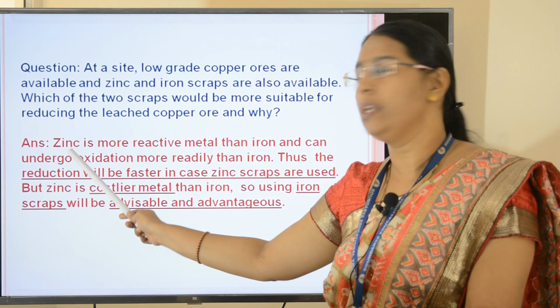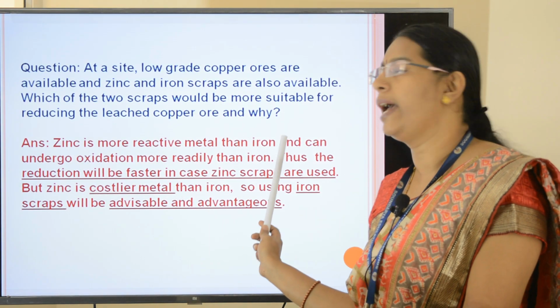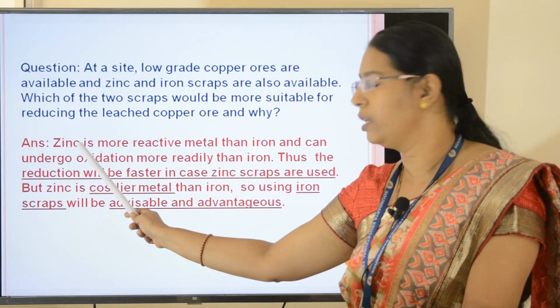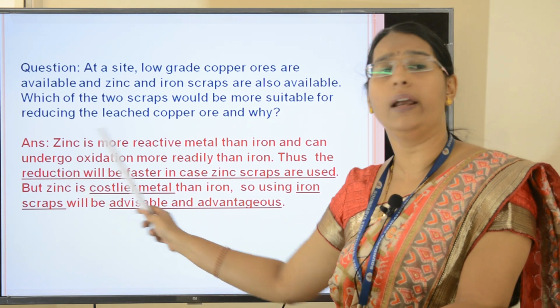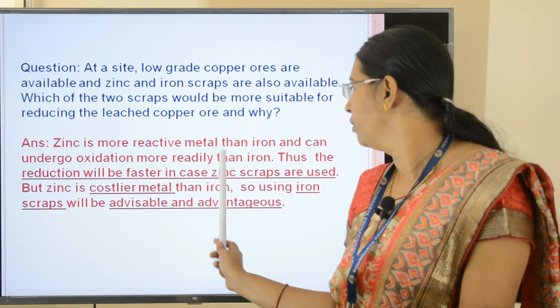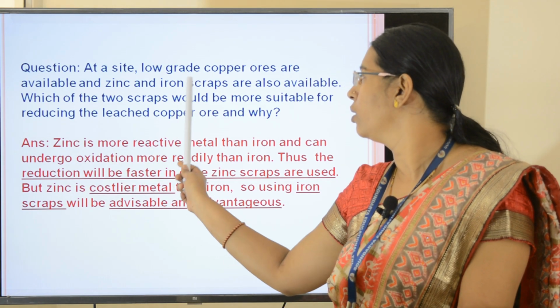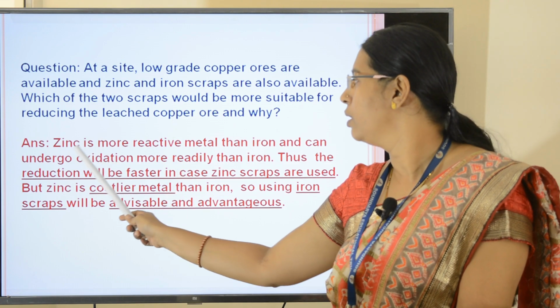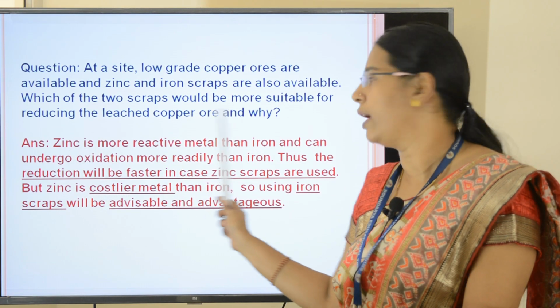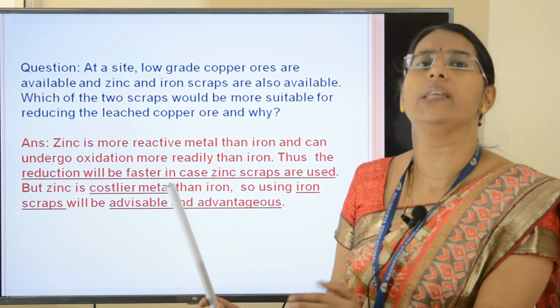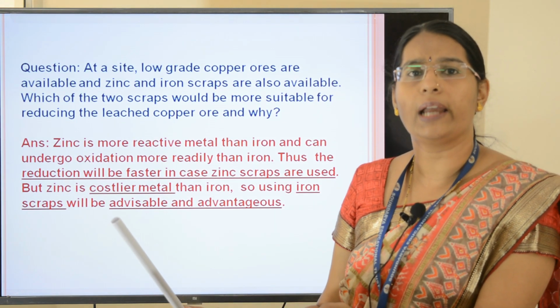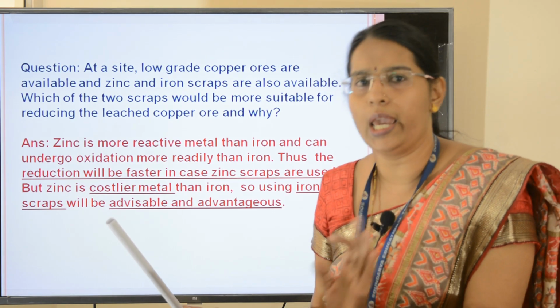You know that zinc is a more reactive metal than iron, and it can readily undergo oxidation when compared to iron. So zinc can readily undergo oxidation to form zinc ion. That means it can act as a better reducing agent.